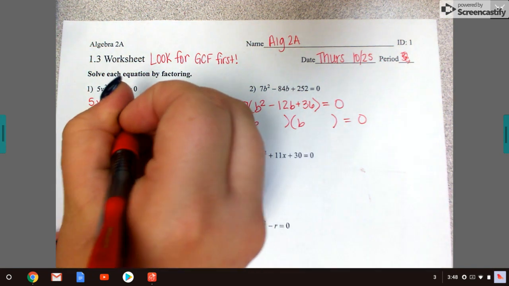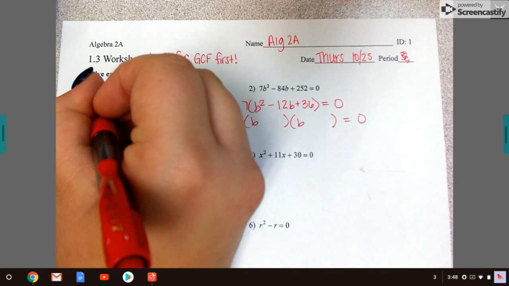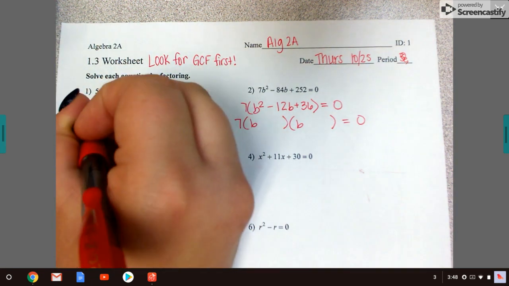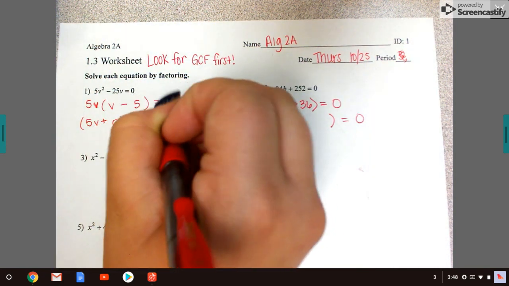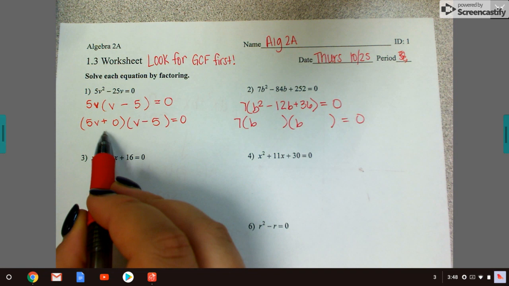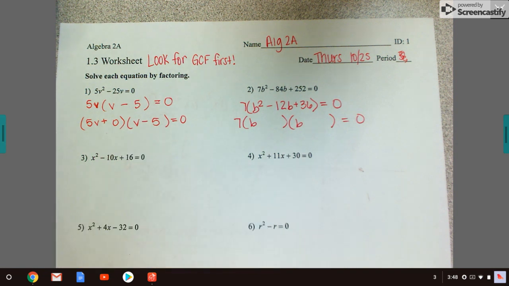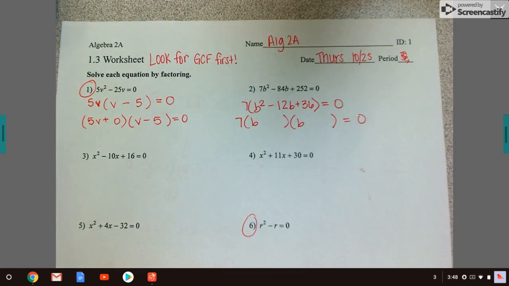And over here, I'm left with a negative 5. From here, this is actually already factored for us because I really have 5v plus 0 and v minus 5. Notice that this is already in intercept form. So I'm actually all done right here. That's factored. So number 1 is similar to number 6.